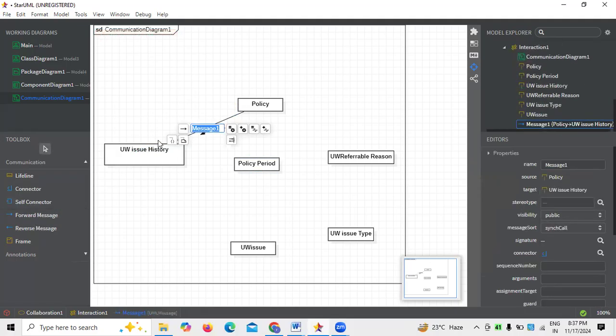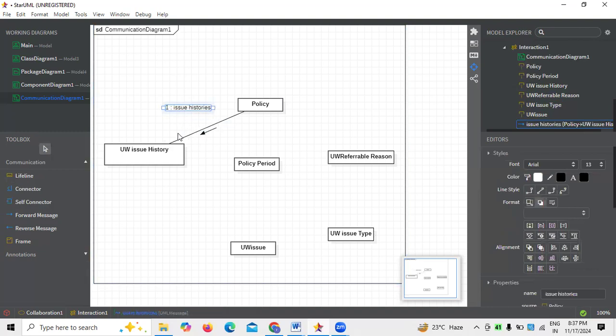So for example, here we are updating these as the issue histories. So issue histories is something which we have taken, right? So this is something which we must be knowing.